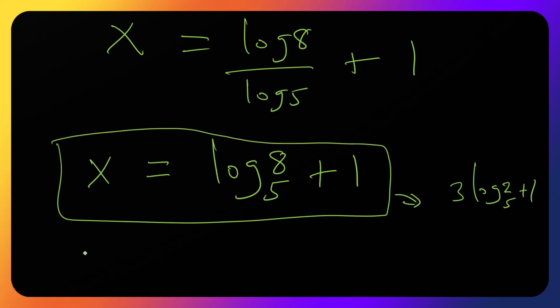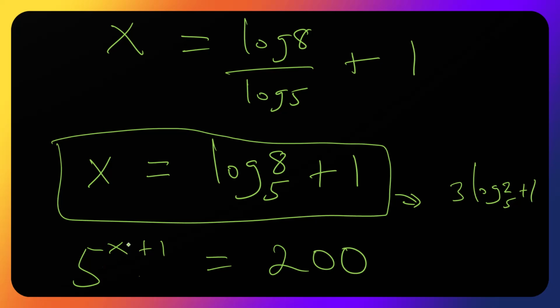Now the question is 5 to the power x plus 1 equals 200. So let's verify if our answer is indeed correct here. Okay, so let's verify. Now with the verification, we'll make it precise here. So for 5 to the power x plus 1, we will plug in x as log 8 to base 5 plus 1.